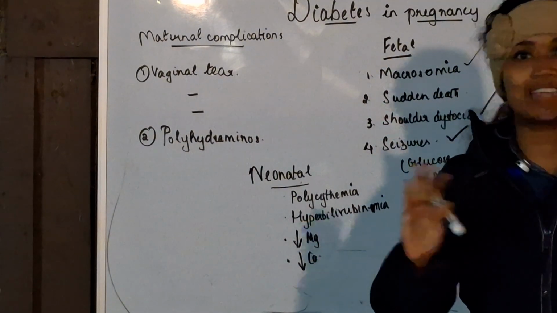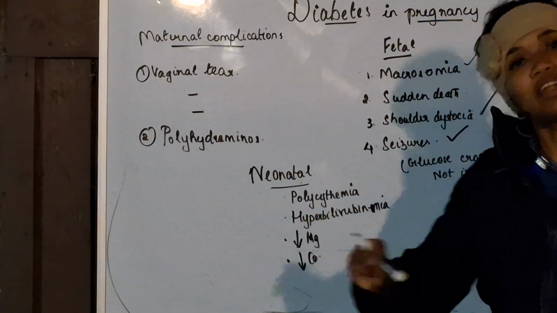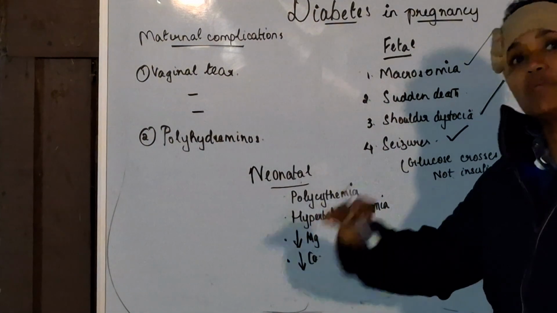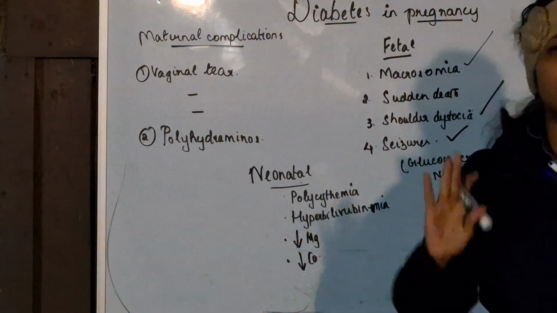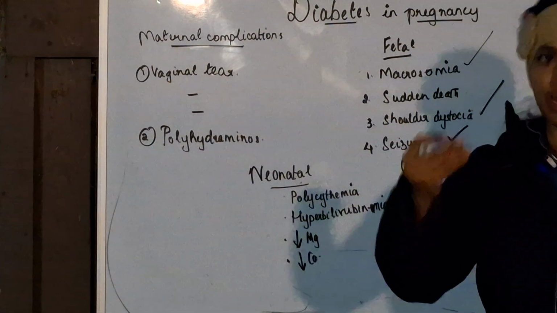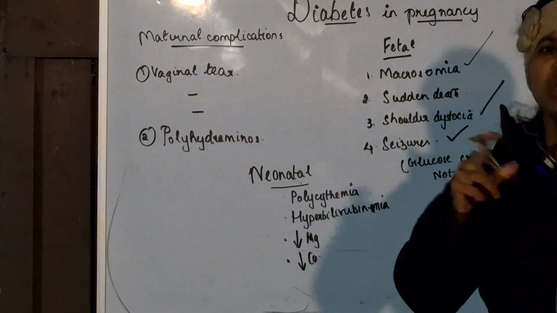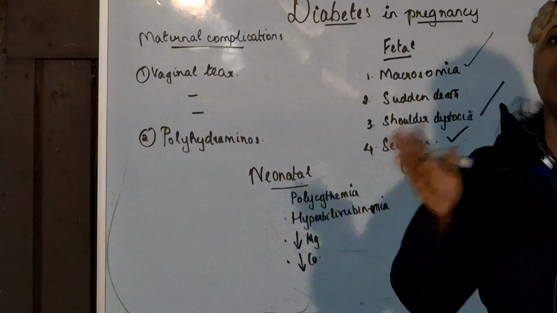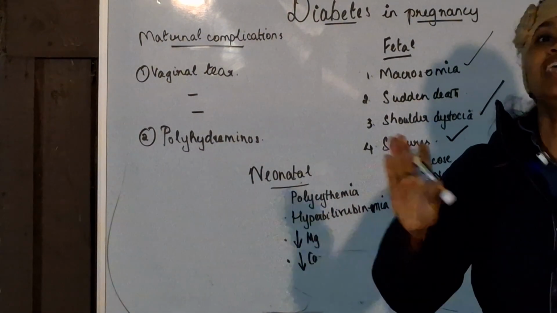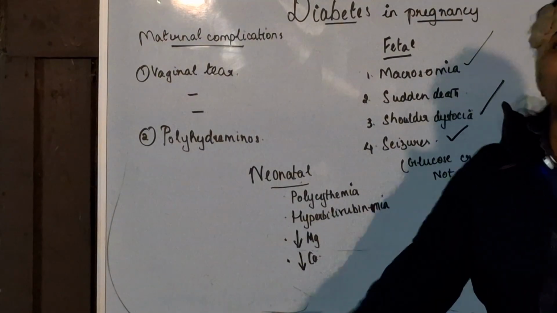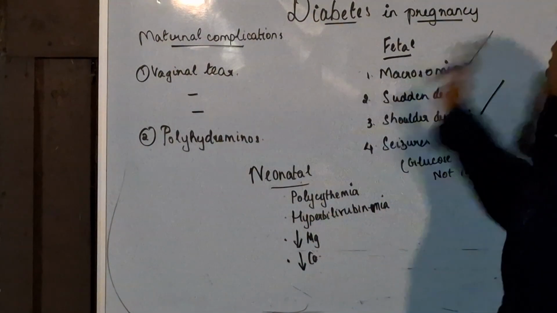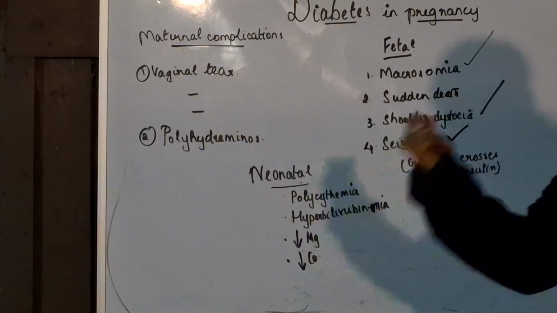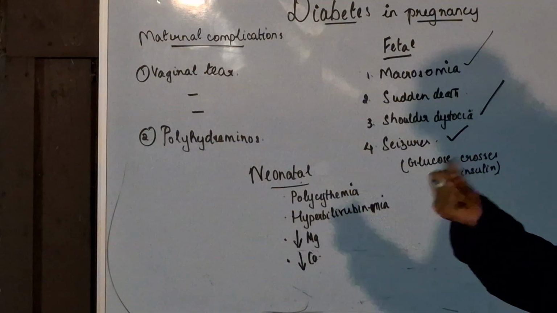If that doesn't happen properly, it can cause hypocalcemia as well as hypomagnesemia. But when both are given in the options, which are you supposed to choose? Hypocalcemia is more common; it occurs more commonly than hypomagnesemia. So this is in short about diabetes and its complications in the fetus and in the mother.